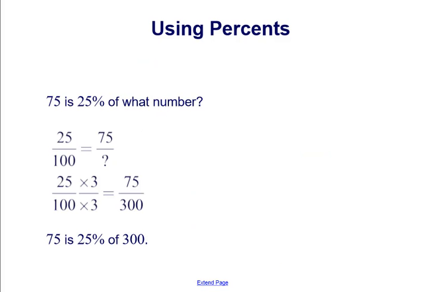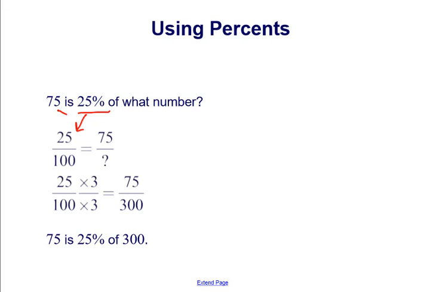Let's look at another problem without a context or a situation. It's just simply asking, 75 is 25% of what number? So again, we're looking for a total given the part and the percent. So the 25% we're writing as a fraction over 100, 25 over 100.